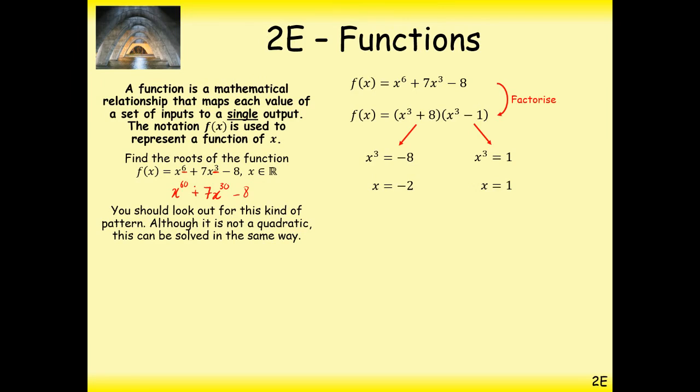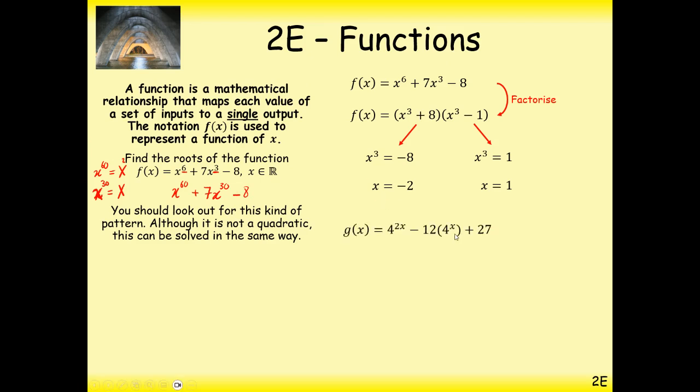It could be divided into a quadratic, where I would set small x to the power of 30 to be capital X. So x to the power of 60 would be capital X squared. So I would have used the substitution, and I would have solved it in similar fashion.